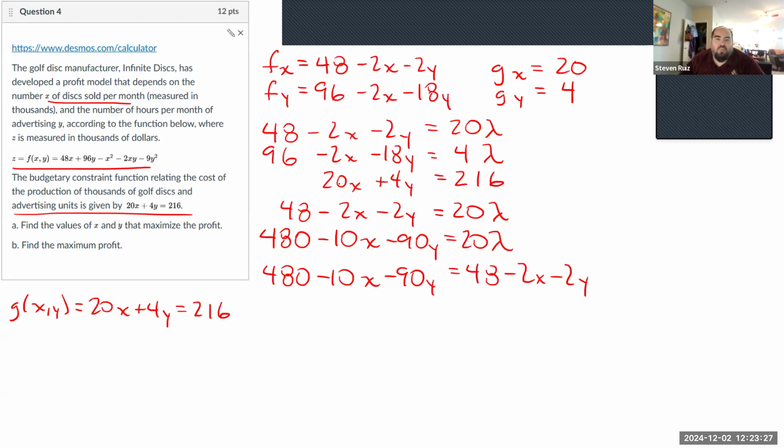Just like 20x plus 4y equals 216. So if I move the 10x over, that'll be 8x plus 88y. And then 480 minus 48 is 432.